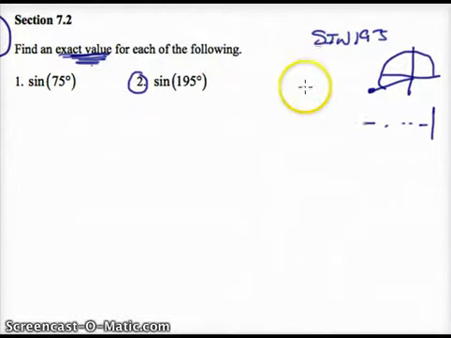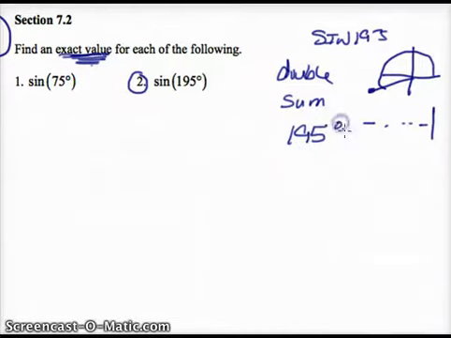Well, let's see. We can either do a double or a half, or we could do a sum. Okay, so let's look at the number 195. Are there any values that we're familiar with that add or subtract to 195? Oh, that is a very good question. Well, let's see. 180, and that's 15.